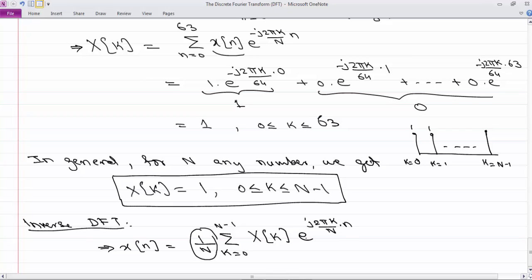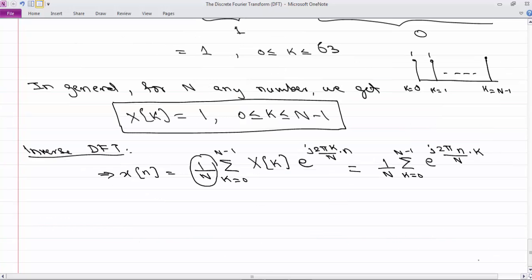Okay, so in this case, what do we do? Let's plug in the value of X[k]. It is all 1. So we get 1 over N summation k from 0 to N minus 1 e to the j 2 pi little n over capital N times k. Okay. Now what do we do?